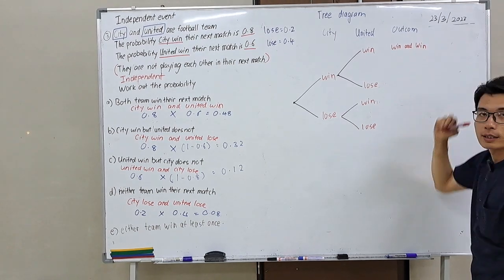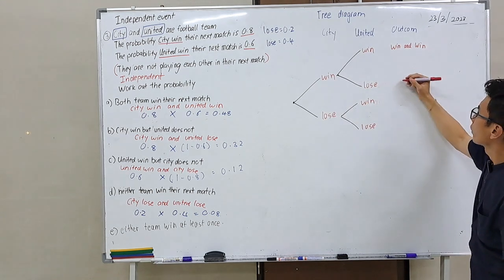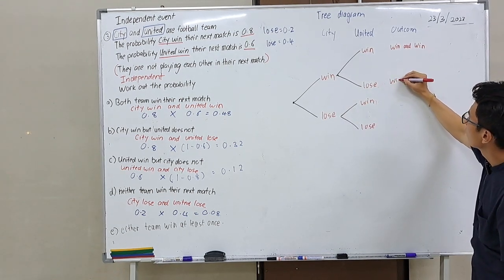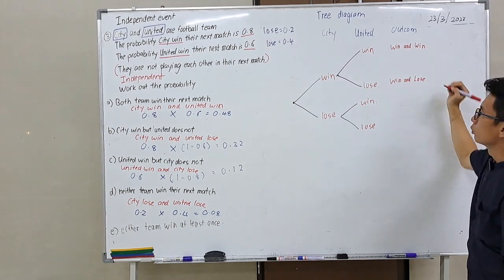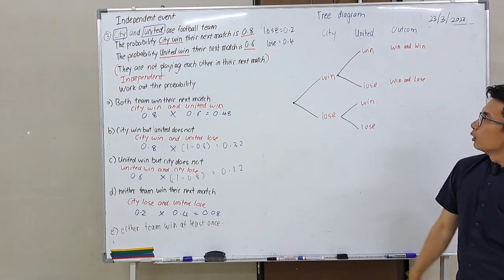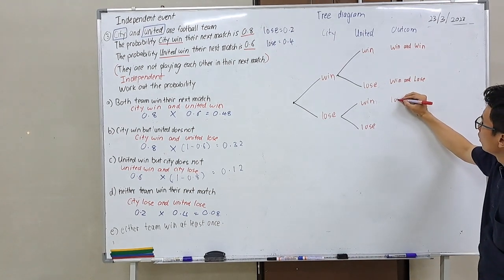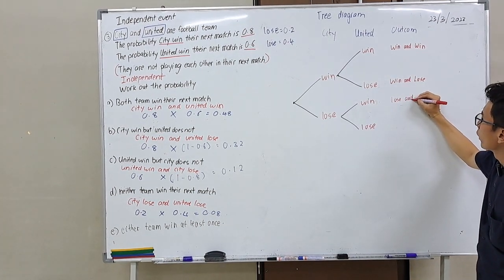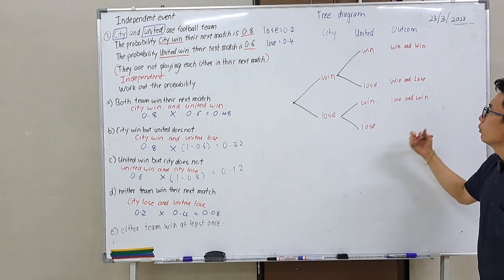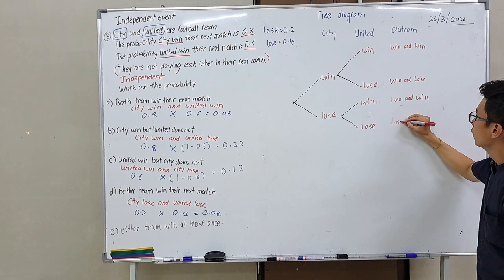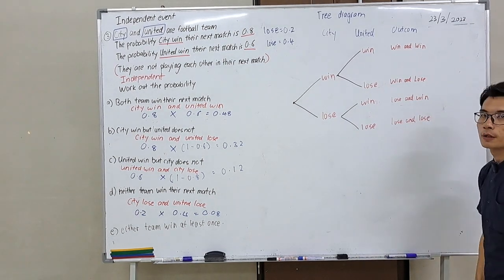The second outcome here is City wins and United lose. The third outcome over here is City lose and United win. And the final outcome here is both of them lose, so I'm going to write lose and lose over here.